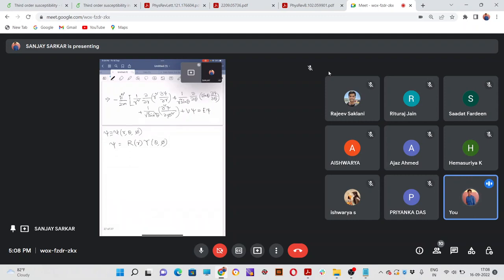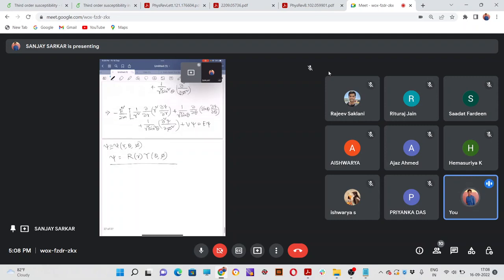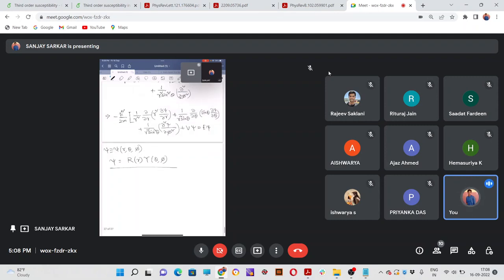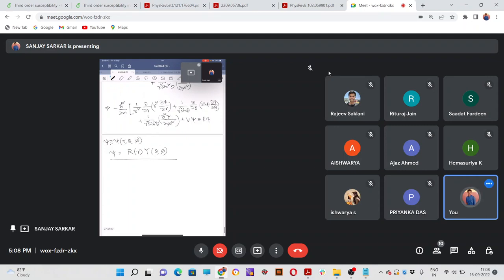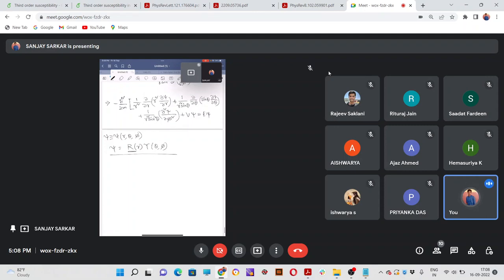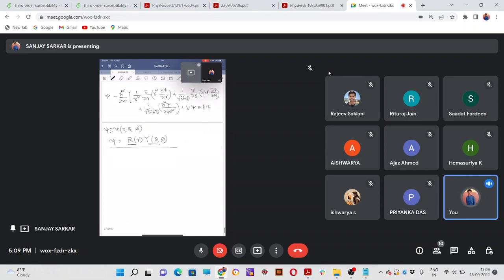Now if we put this separation of variables in this equation, we will get an equation for the radial function and an angular function. I am not going to do it explicitly.